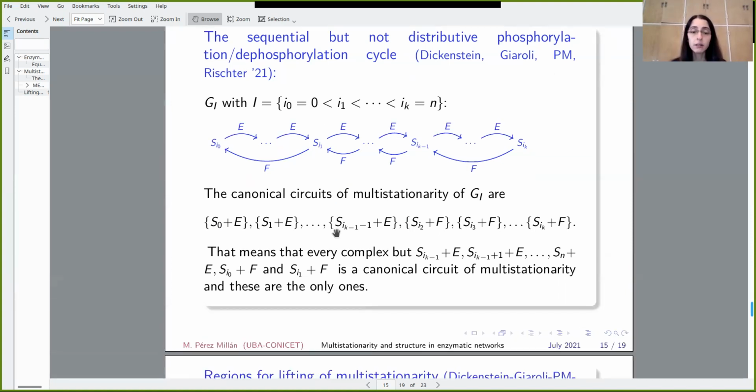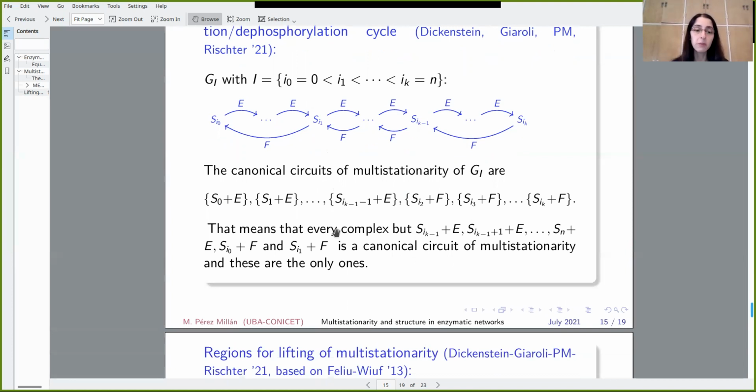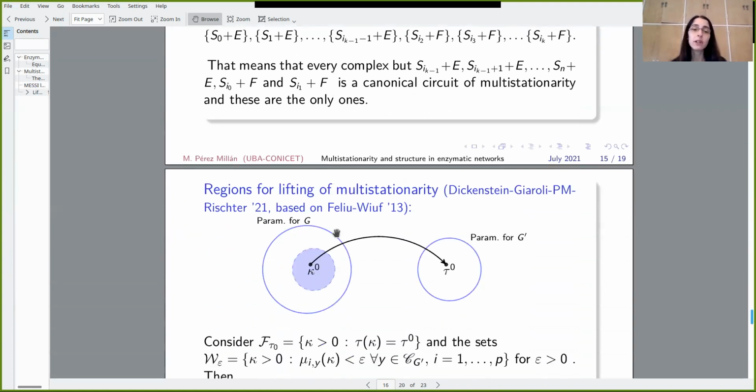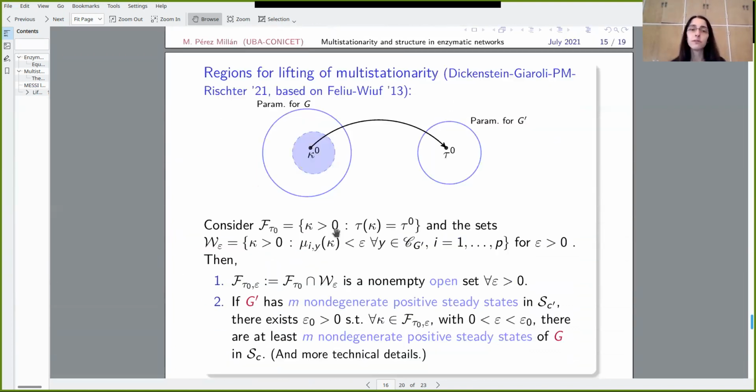And well, finally, and I'm fine with time, we also have a result for regions for lifting multistationarity. So what does it say? You add one intermediate and you gain multistationarity. And then if you have more, what happens? Well, you keep multistationarity.